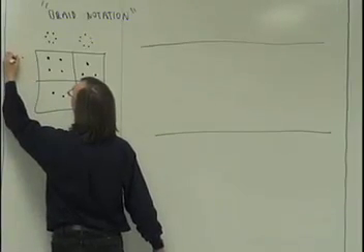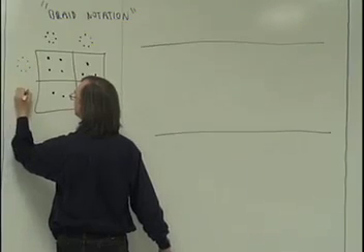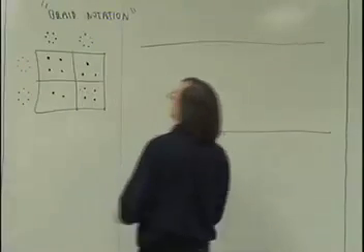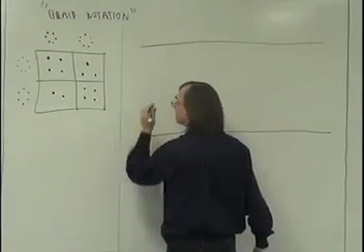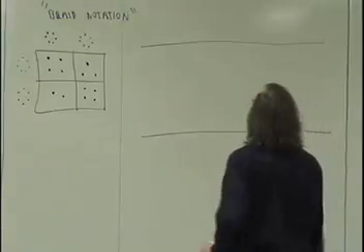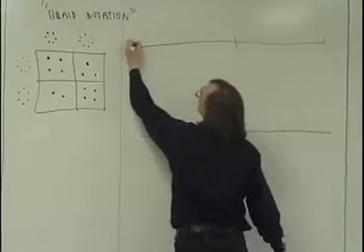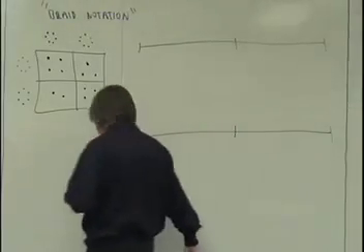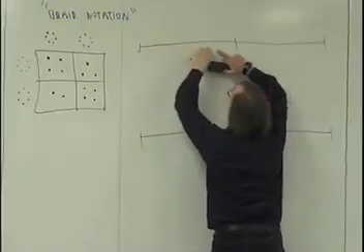And this one is that. Okay. Up here at the top I have 6 dots and then 7 dots. So I'm going to put 6 dots here and then 7 dots here.